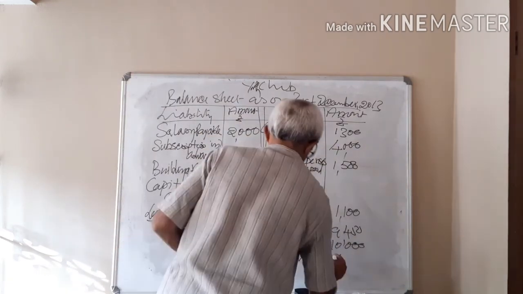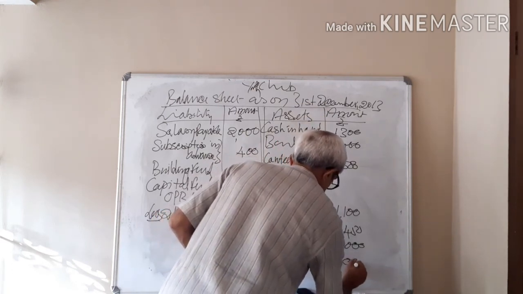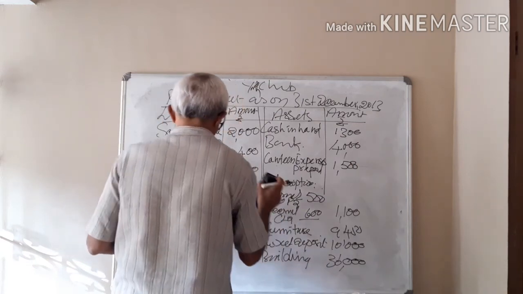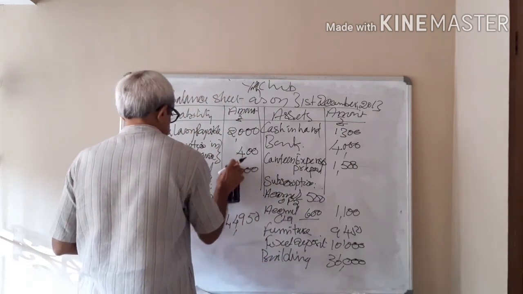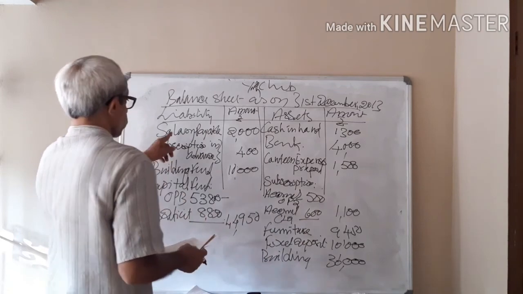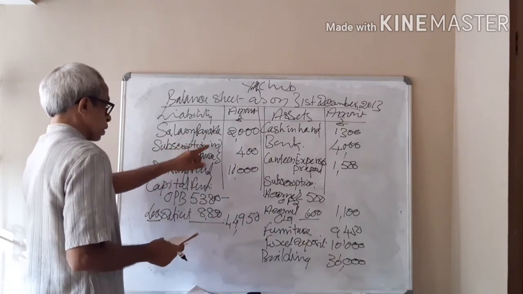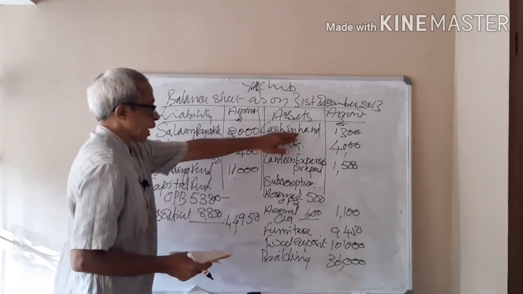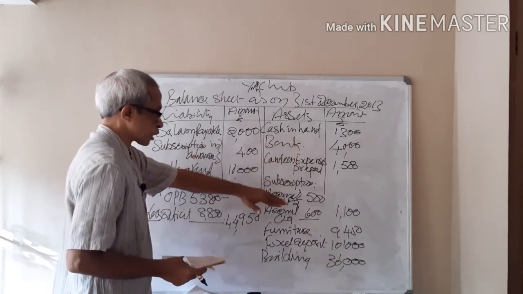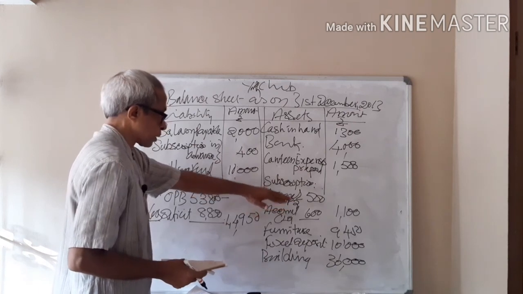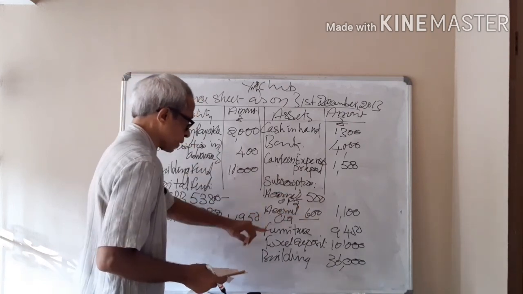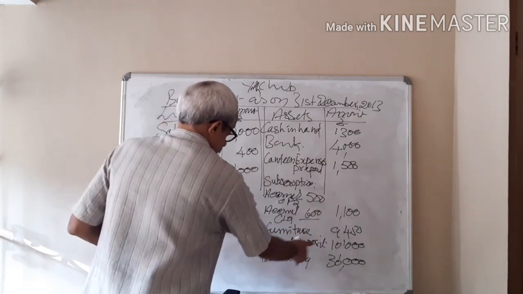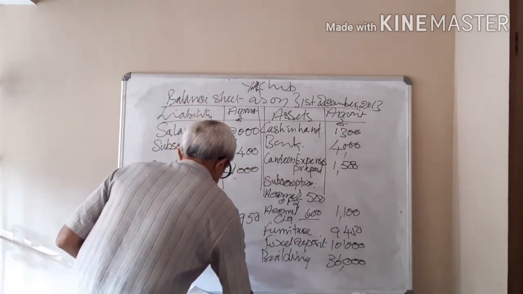Next is building, that is 30,000. Here the building fund is not 5,000, it is 10,000. So salary payable, subscription received in advance, building fund, capital fund, cash in hand, bank, canteen expenses prepaid, subscription accrued on opening date, accrued on closing date, then furniture, fixed deposit and building.